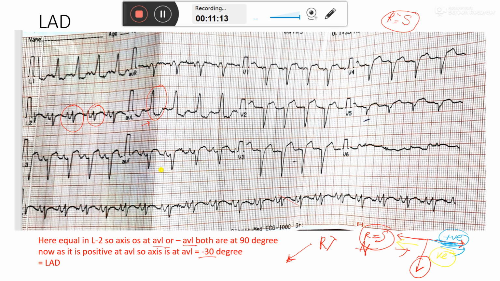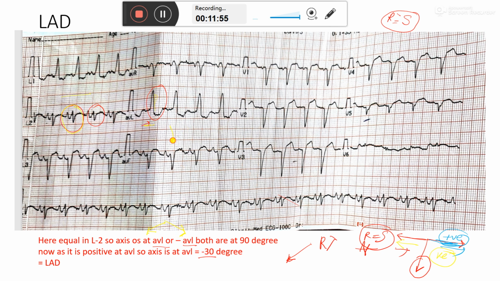We are doing the same thing here. We found that it is isoelectric in lead 2. Perpendicular to lead 2, there are two leads: AVL and minus AVL. Now we need to determine where the axis is between AVL and minus AVL. In the AVL lead we saw that the QRS complex is positive, so the vector is towards the direction of AVL.